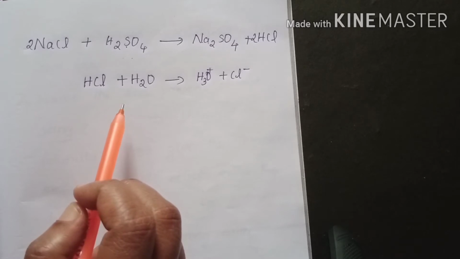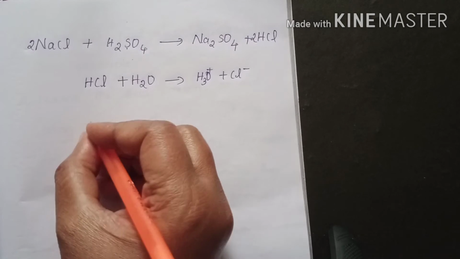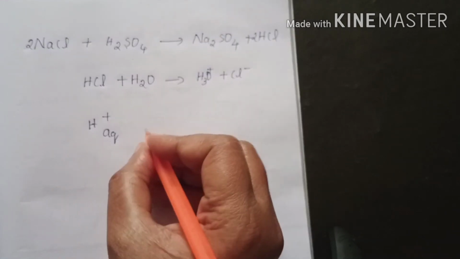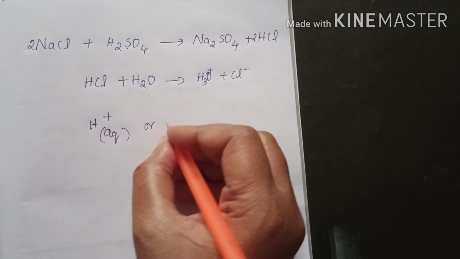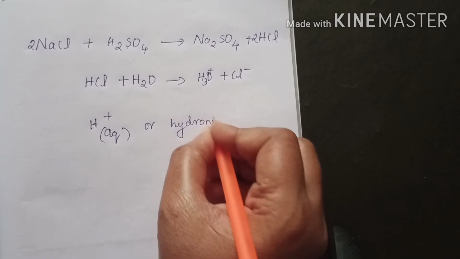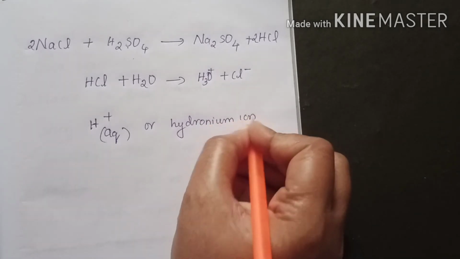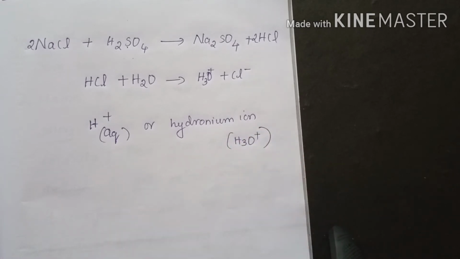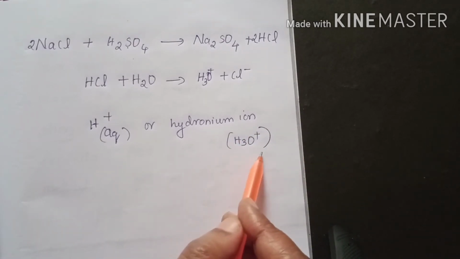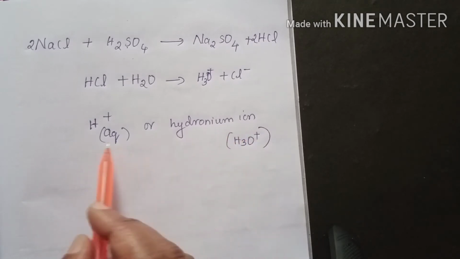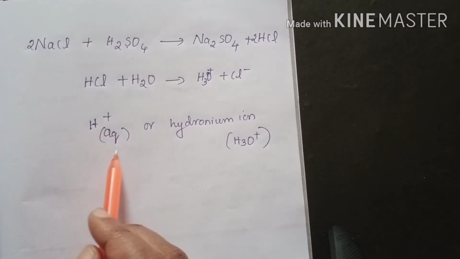Thus, the hydrogen ion is always shown as H+ (aq) or hydronium ion, that is H3O+. This H3O+ ion is called hydronium ion. It can also be represented as H+ (aq).